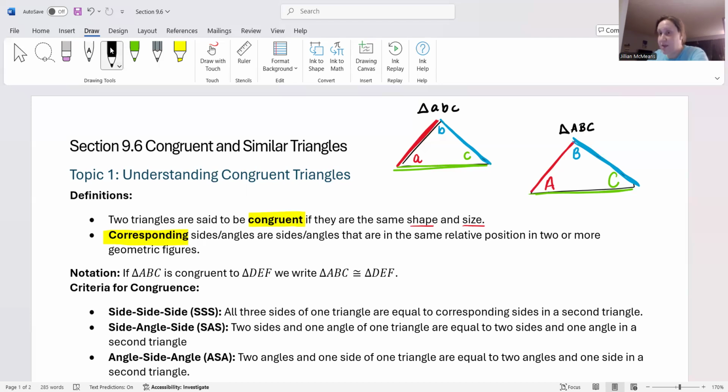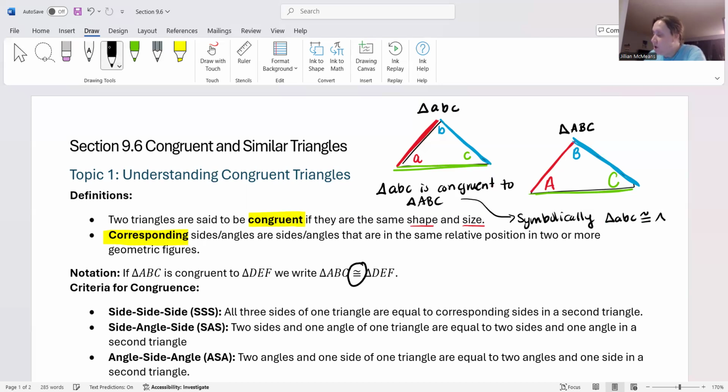And then if we want to say things are congruent, we use this weird symbol right here. So if I want to say that triangle little a, little b, little c is congruent to triangle big A, big B, big C, symbolically, I would say triangle abc is congruent to triangle ABC.